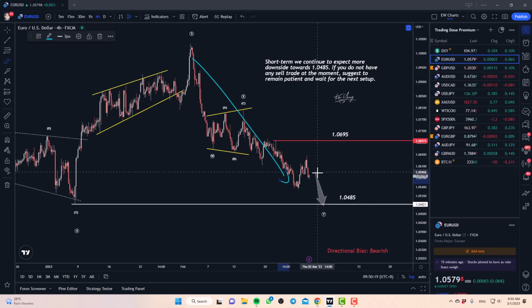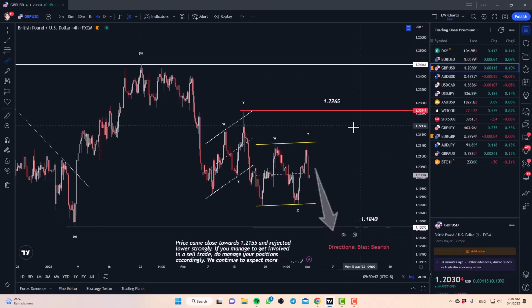So same thing, any sell trade is definitely going to be very short-term. For me, I'm personally more patient, waiting to see if we can get a decent reversal setup. I think that would be more worthwhile going in as a swing trade. Okay, so that's on the dollar and the euro side.